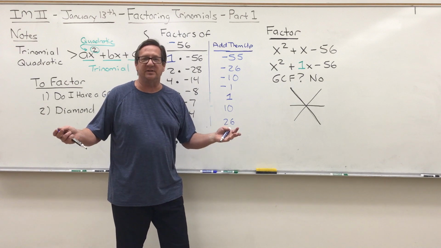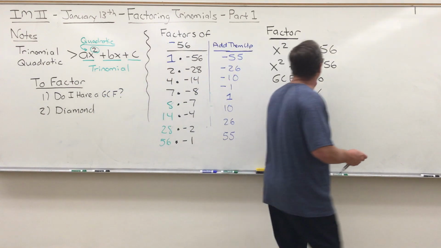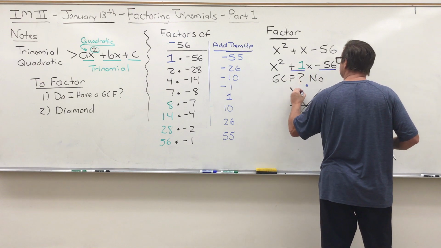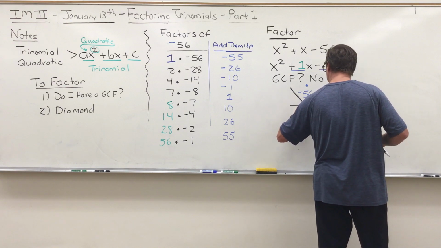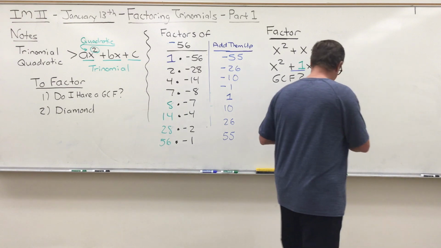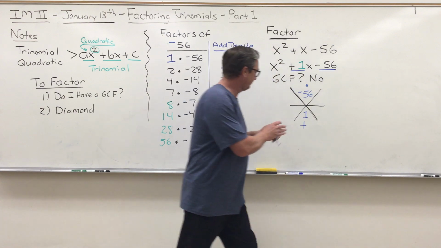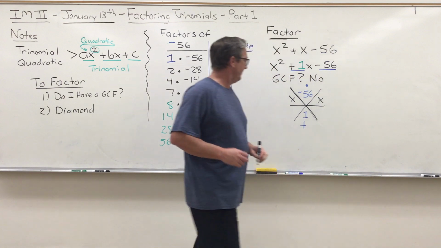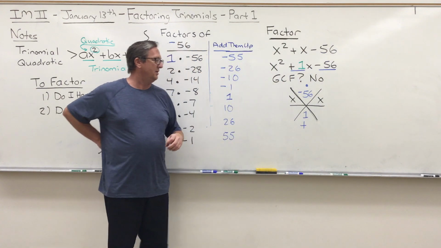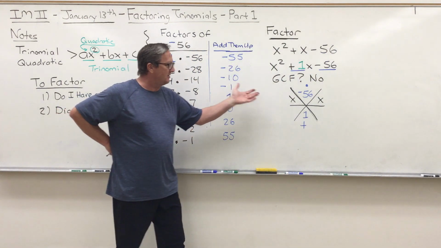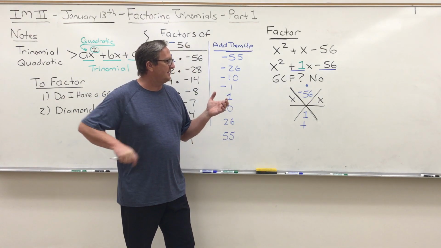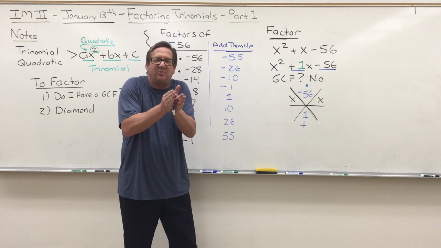And now we're back to our diamond, and we're going to play the game. The stuff written in black is going to be that way every time. It's two factors of negative 56 that have a small gap of 1.